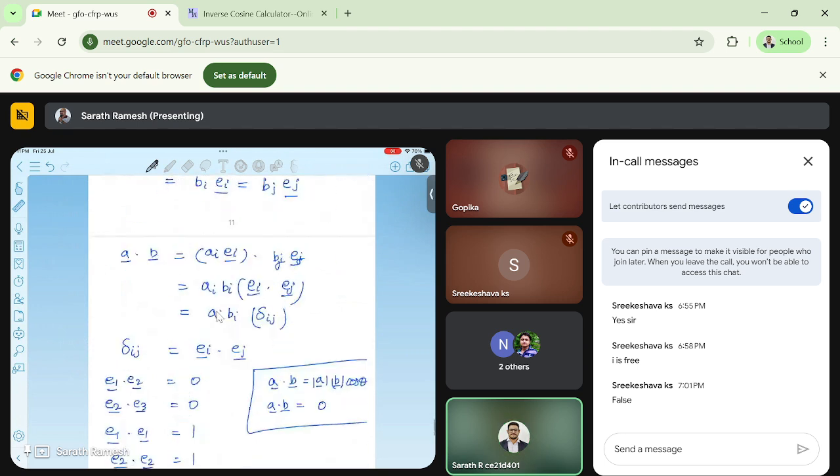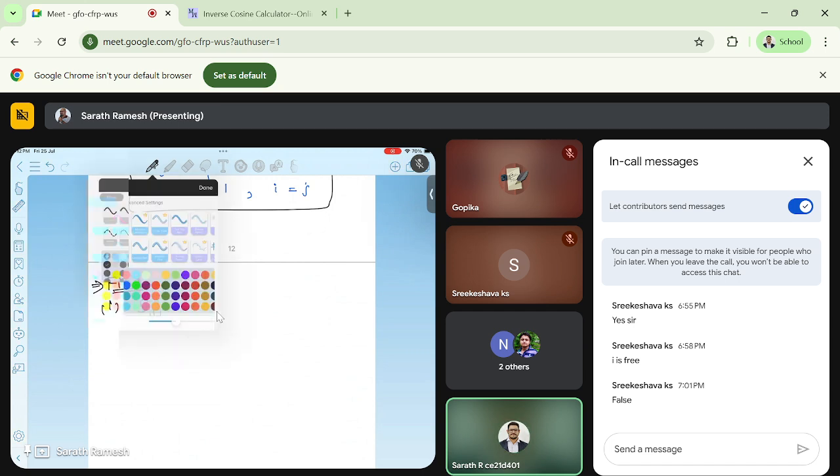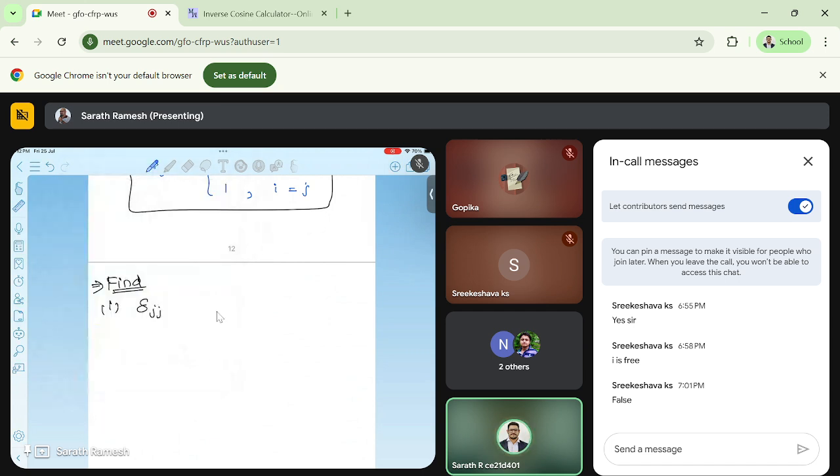Let's solve some problems. Suppose you want to find delta jj. How will we find delta jj? Just now we have seen free index and dummy index. Is there any dummy index? Yes, j is my dummy index.